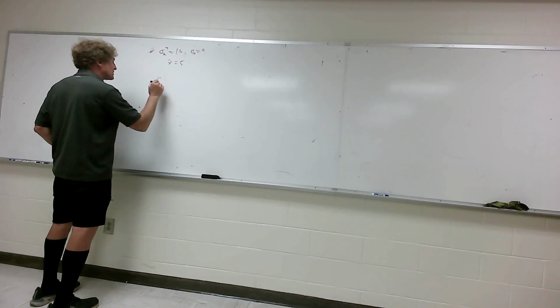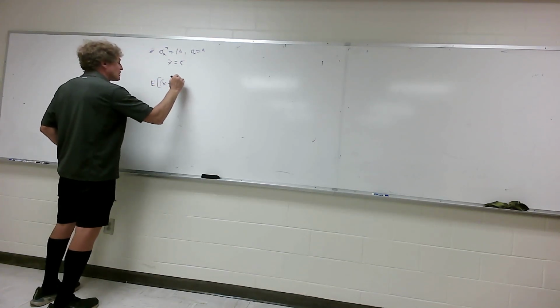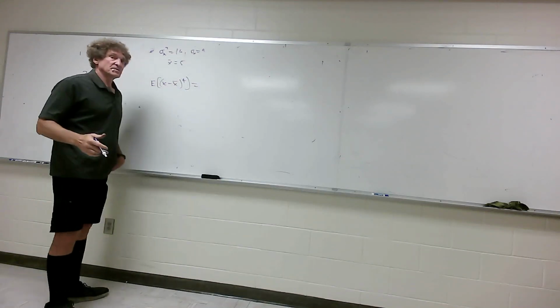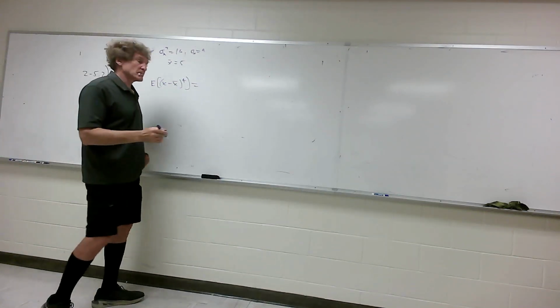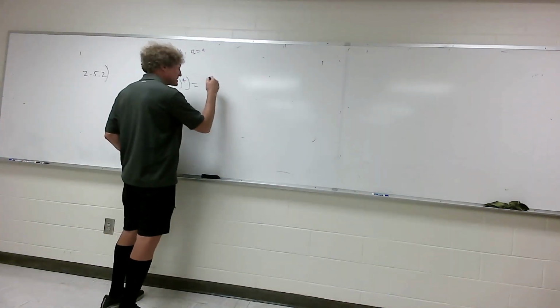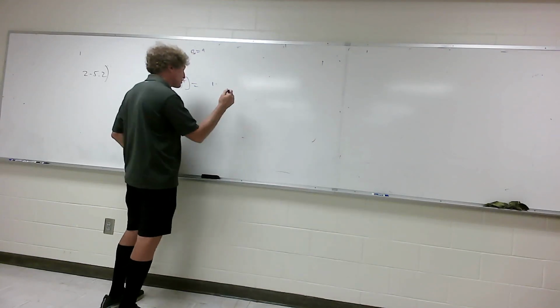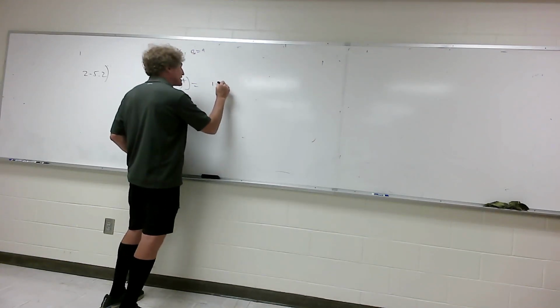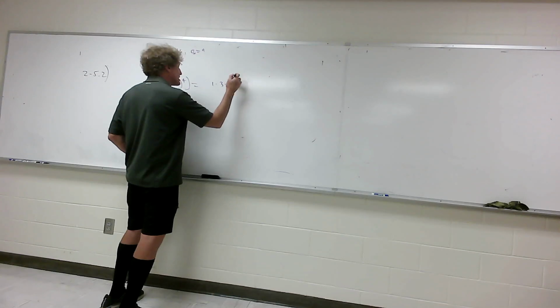Expected value of x minus x bar, fourth power. Now, did you guys use the formula for the fourth central moment? Because that would be 1, since it's an even one, right? So it's 1 times, in this case, 3, times sigma to the fourth power.